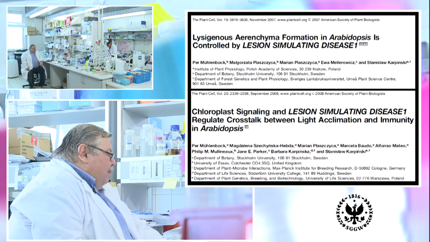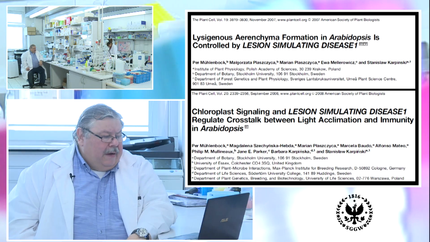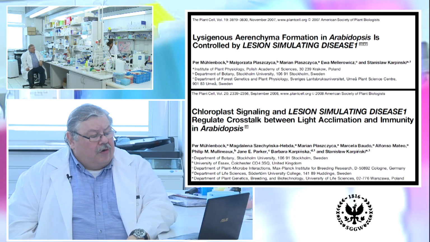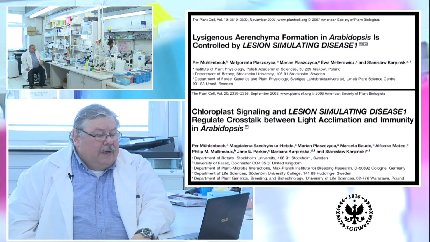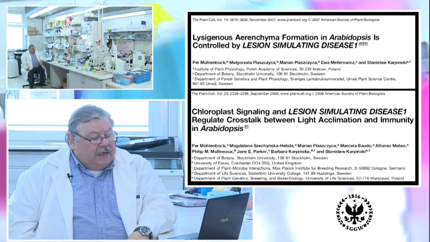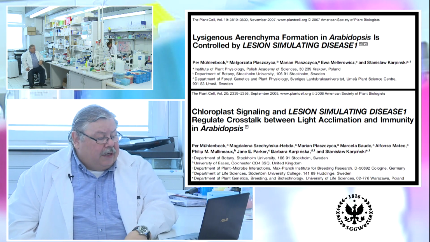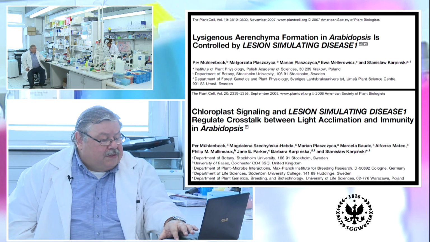And later on, we published two Plant Cell articles: "Lysigenous aerenchyma formation in Arabidopsis is controlled by lesion simulating disease," and "Chloroplast signaling and lesion simulating disease 1 regulate crosstalk between light acclimation and immunity in Arabidopsis."